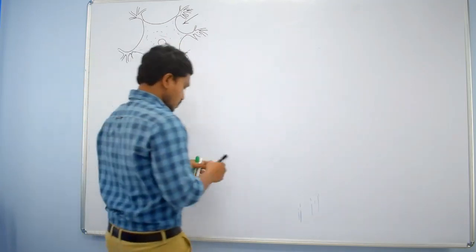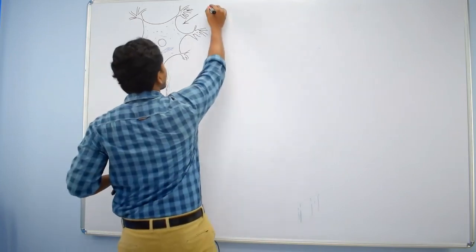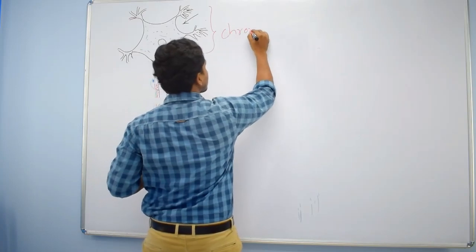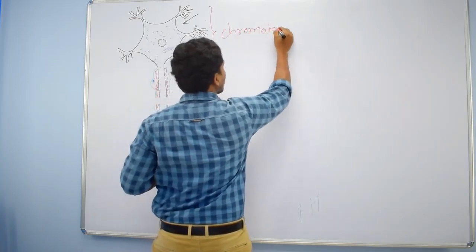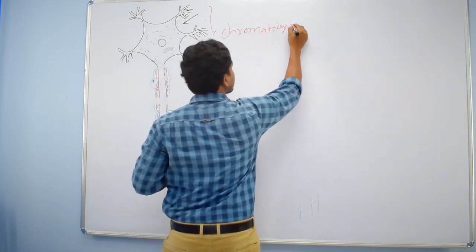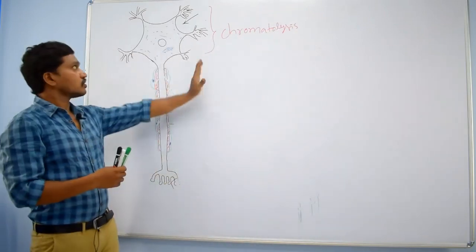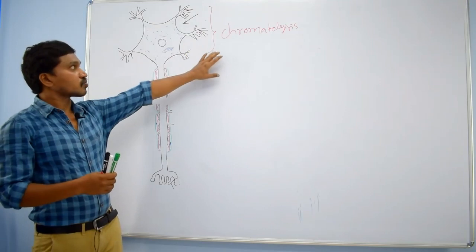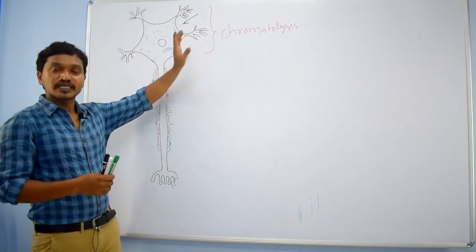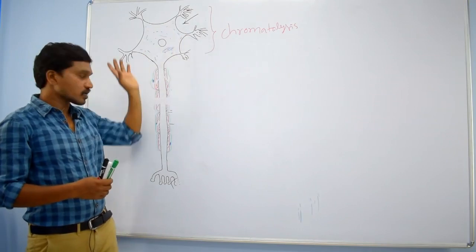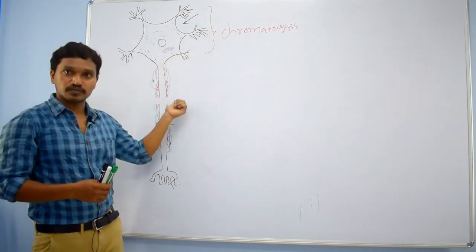Those changes we call chromatolysis. Right? So chromatolysis means degenerative changes which occur in the cell body because of injury.